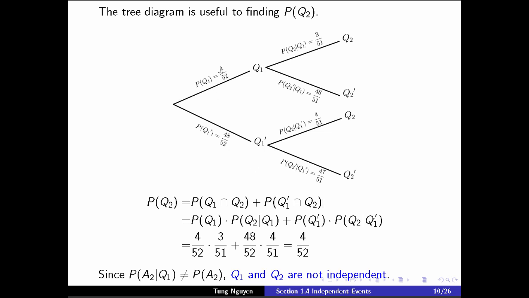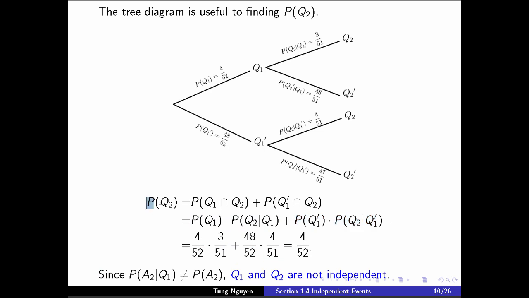So we have here 4 over 52 times 3 over 51, which is this product, and then 48 over 52 multiplied by 4 over 51 right here, which is this product. So doing the calculation, we get 4 over 52.